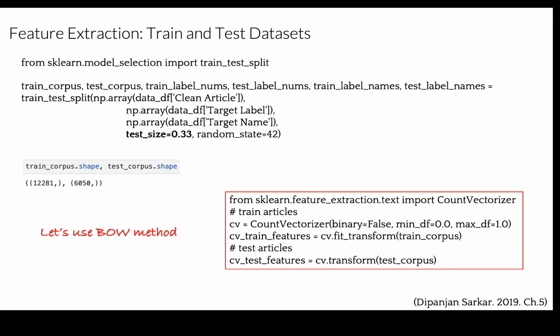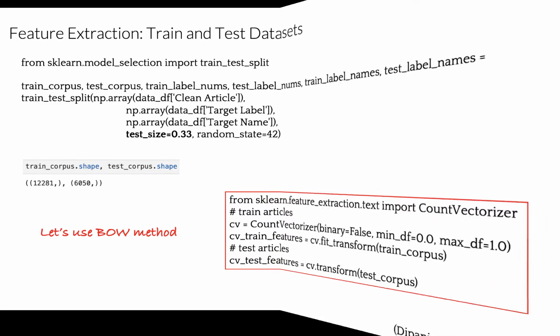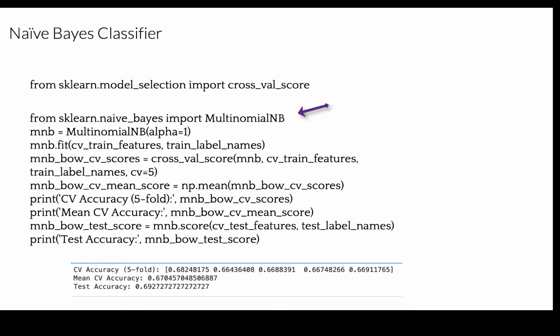Let's build 2 classifiers and then compare their performance evaluation, and we'll use our bag of words features. This is our first classifier, naive Bayes, which can be imported as MultinomialNB. And we also need to import cross-validation scores.